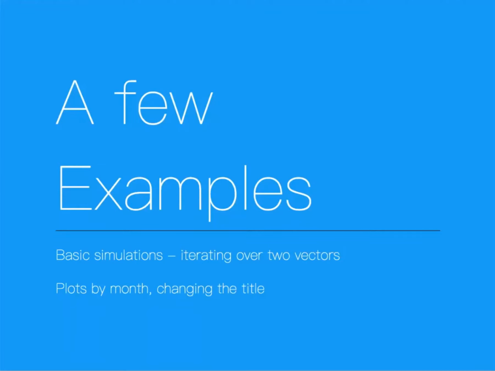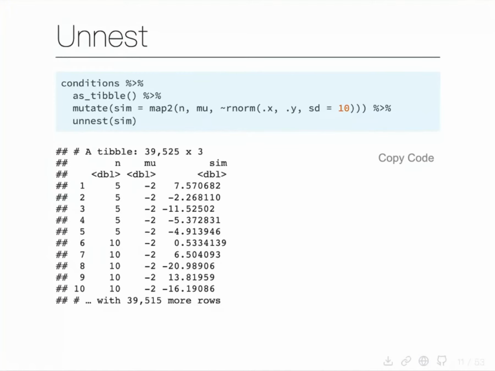Okay, so we applied this like this, where we set some conditions, like an n and a mu, and then we're going to use map2 to loop over both n and mu, and then apply some function.